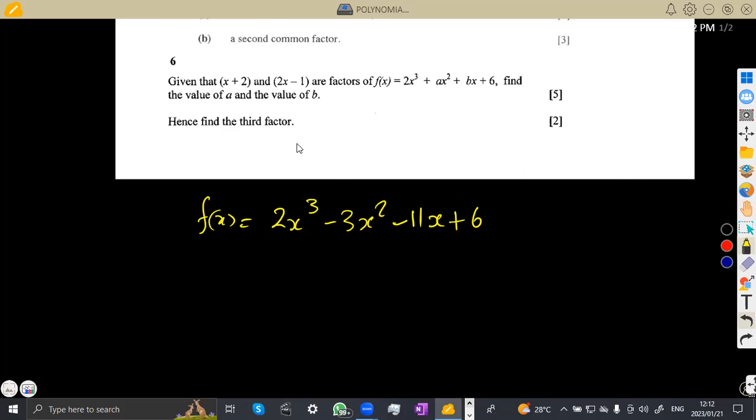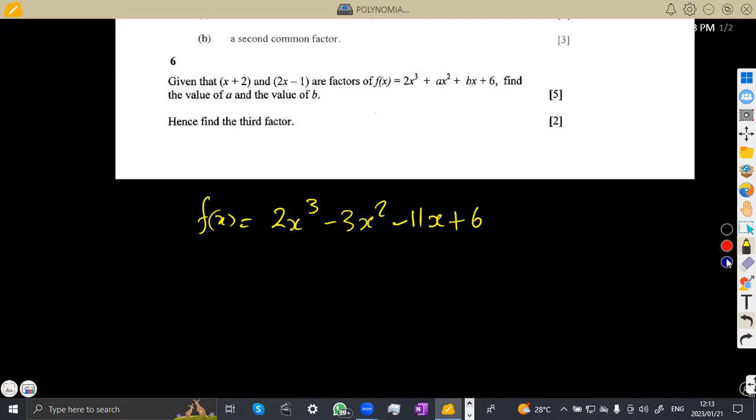Remember what I told you guys about a factor. If you divide the whole expression by a certain factor, you also obtain a factor. So since we are given 2 factors here, we can do it the longer way, whereby you multiply the 2, then you do the long division.